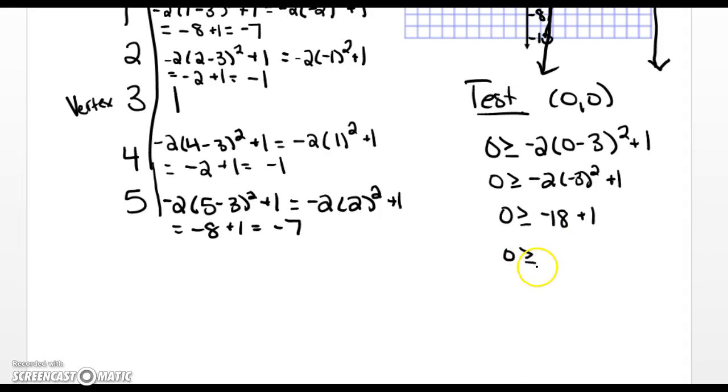So 0 is greater than or equal to negative 17. Then you can ask yourself, is 0 greater than or equal to negative 17? And that is true, which makes 0, 0 part of the solution region, which means that we need to shade that area.